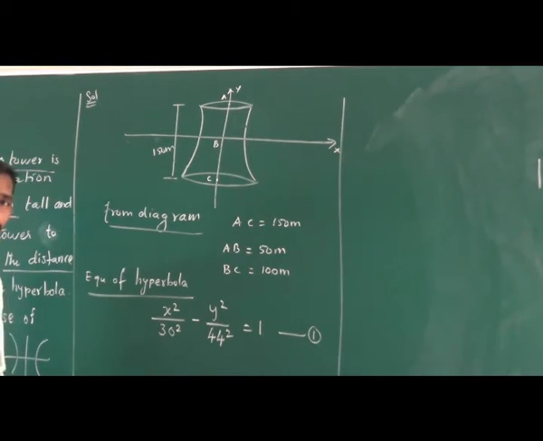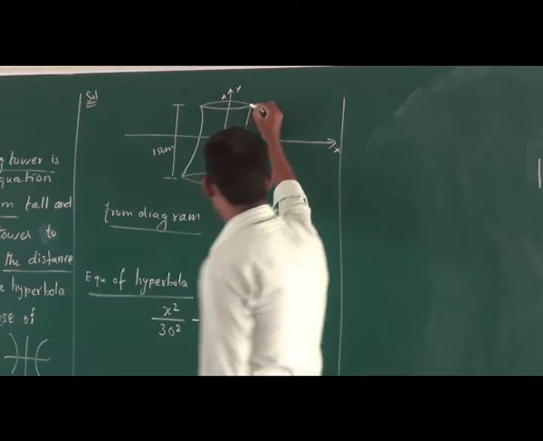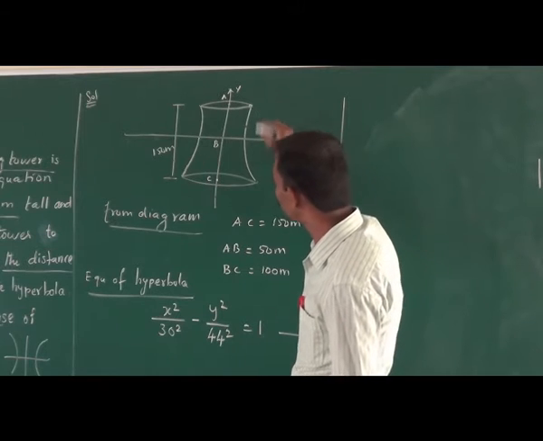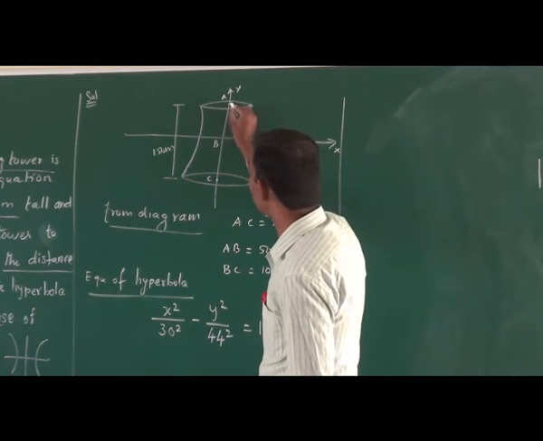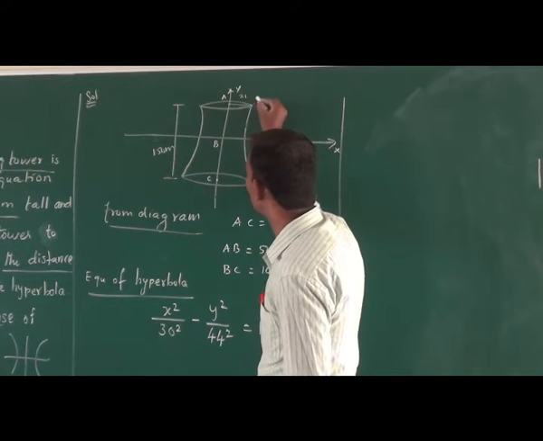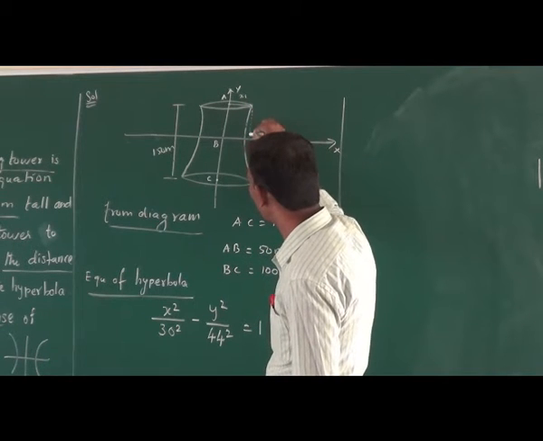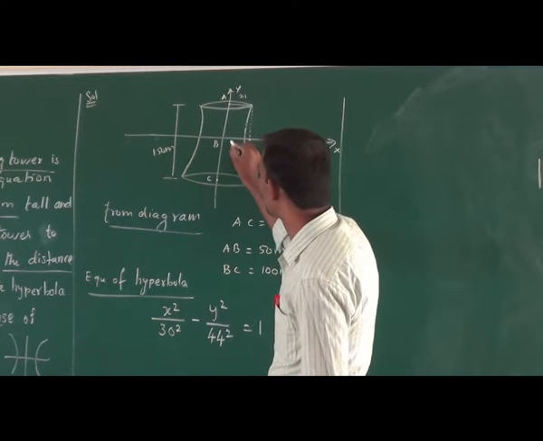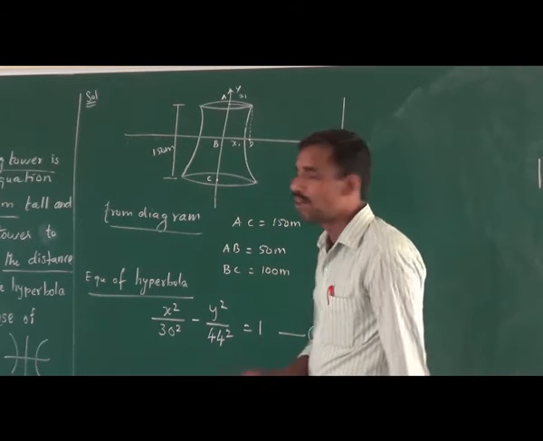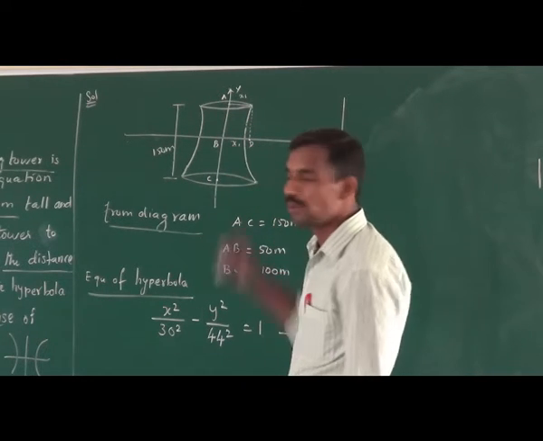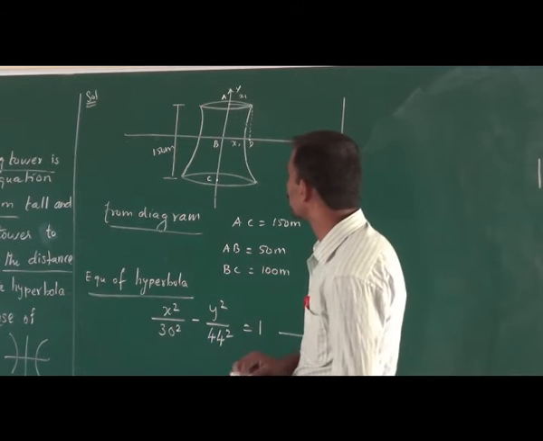Now we want to find the diameter of the nuclear tower. So now we want to find the endpoints of the cooling tower, right? This horizontal distance, consider it as x1. So we draw a vertical line. This point is D. Take D. Okay, so BD is equal to x1. The horizontal distance is nothing but x1.